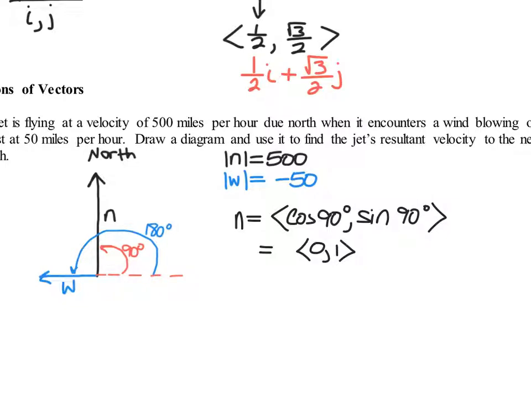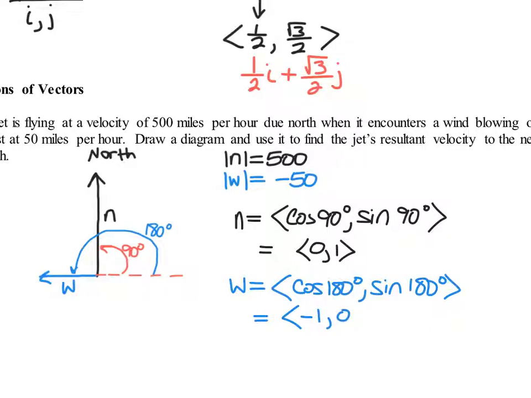That's our unit vector, and that's the way it's going to play out. We will need the sum of the unit vectors in a minute, but the w: cosine 180, sine of 180, negative 1, 0. All right.